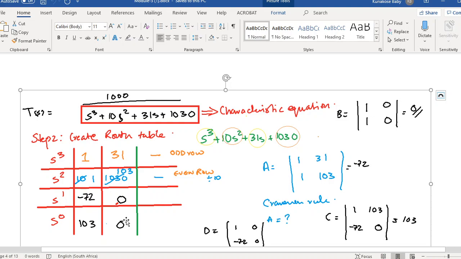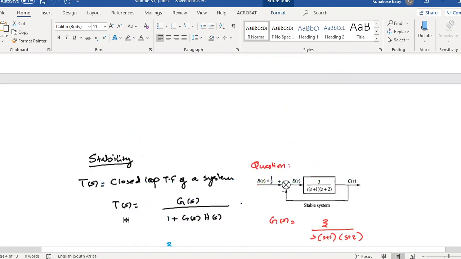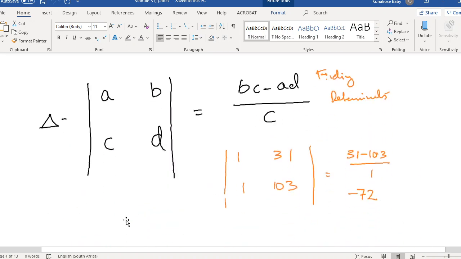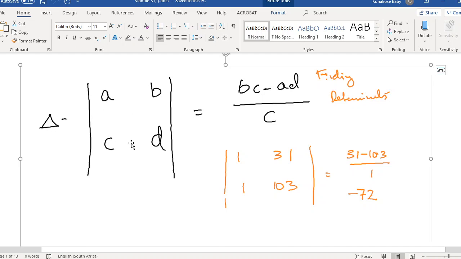The challenge that we have is we need to use what is called Cramer's rule. So I'm going back to explain how Cramer's rule works. In Cramer's rule, if you have a determinant which is a, b, c, and d, then to find the value of the determinant, the formula is b into c minus a into d, divided by c.